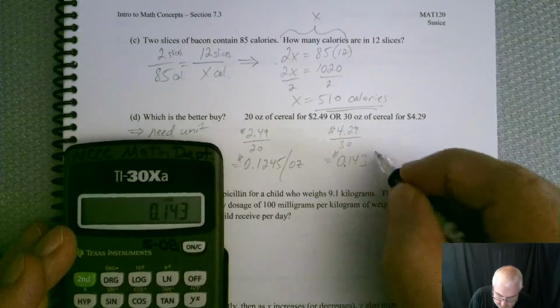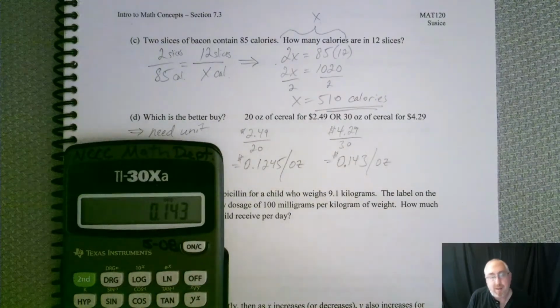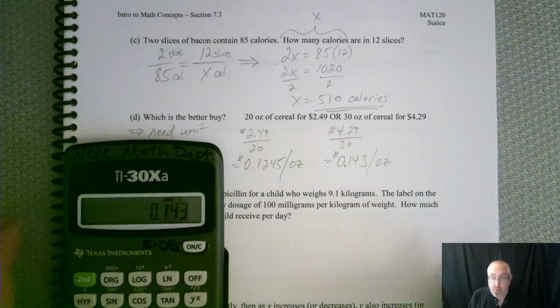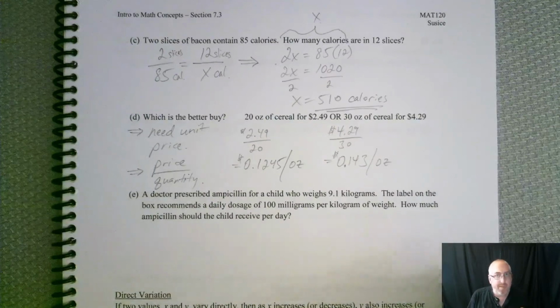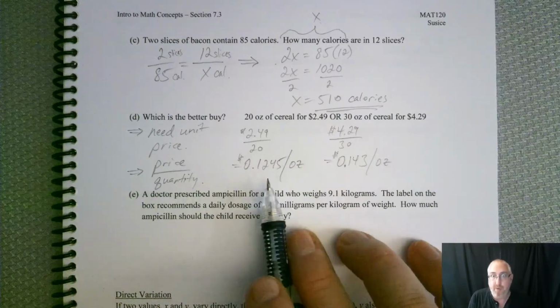Now you're probably saying, well, wait a minute, this is money, right? Why do we need all those decimal places? Well, sometimes the unit prices are very, very close. So I would recommend doing 3, even 4 decimal places in some cases, just to make sure that they're not too close. But in some cases, obviously, you can see pretty quickly that they're really far apart. Like this one here, we didn't need 3 or 4 decimal places.